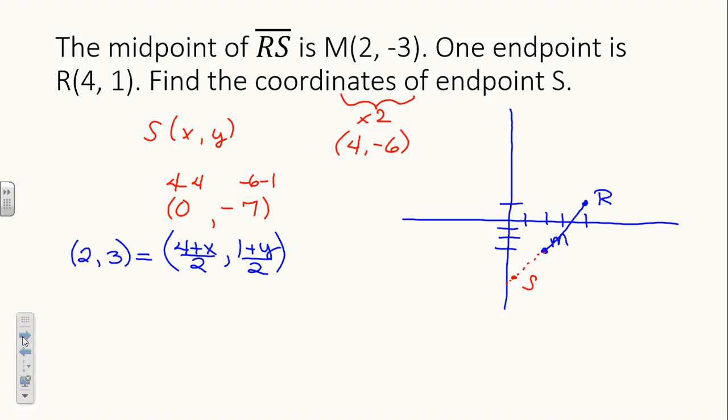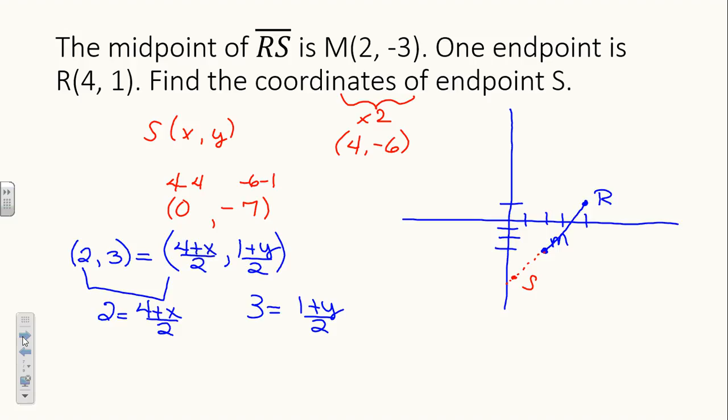Okay. So now, let's put these two together. 2 has to be equal to that 4 plus x divided by 2. And 3 has to be equal to the 1 plus y divided by 2. How do we get rid of dividing by 2?